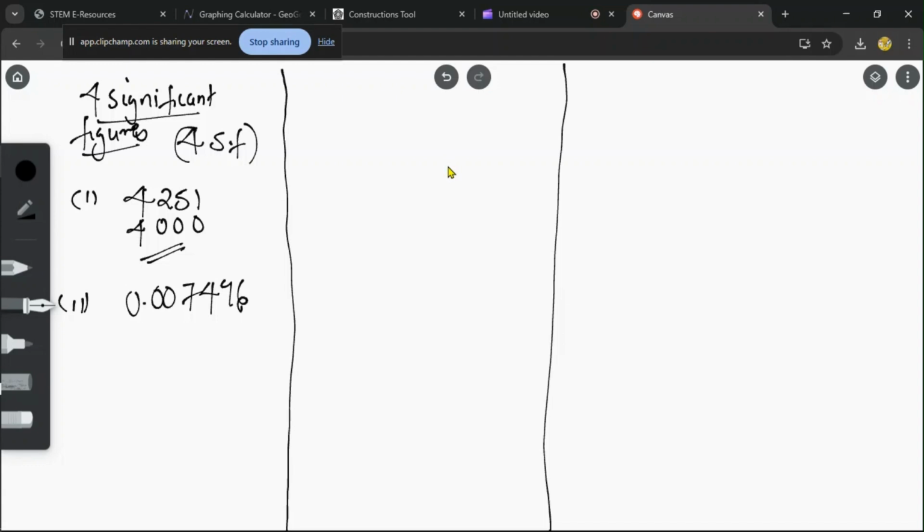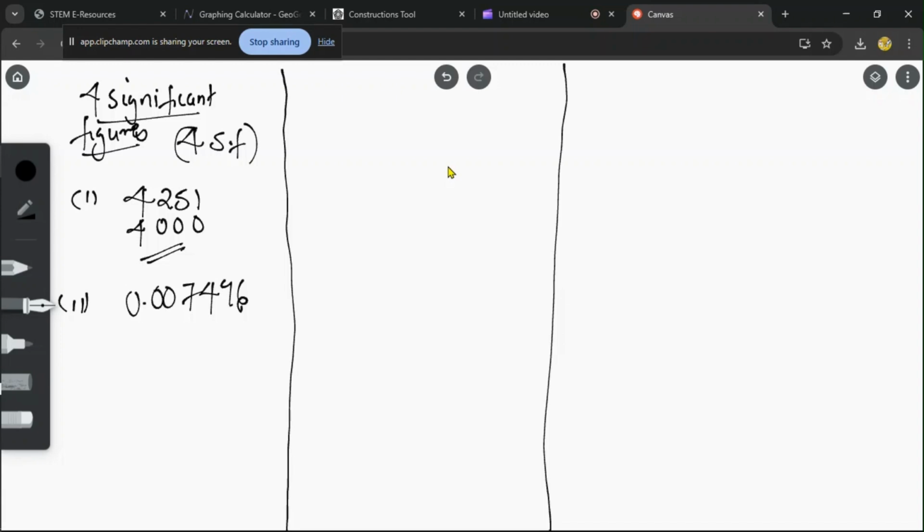Roman 2 is 0.007496. So to four significant figures, these are the zeros that are starting here. I will first of all ask myself, are these zeros significant? A zero only becomes significant if it lies between two numbers that are not zeros. So in my case here, these zeros are not significant, so I won't count one, two, three.